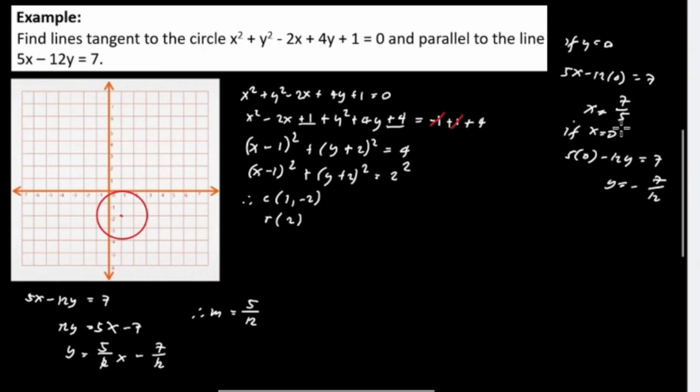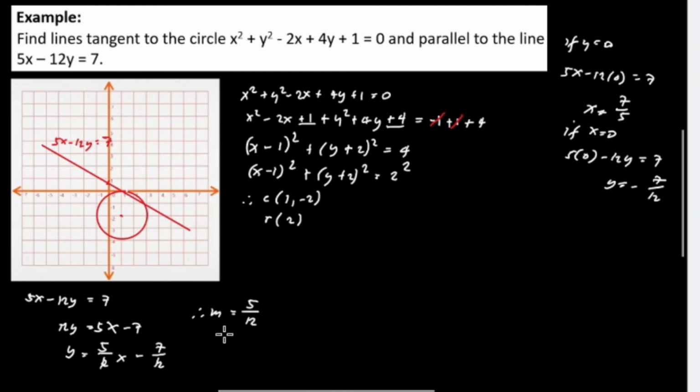So we have 7 over 5, that's 1 and 2/5 approximately at this point, and 7 over 12 is less than 1, and this is the point approximately. We form a line from this point up to that point, and this is the line 5x minus 12y equals 7.